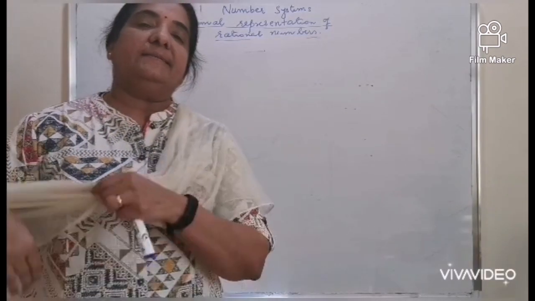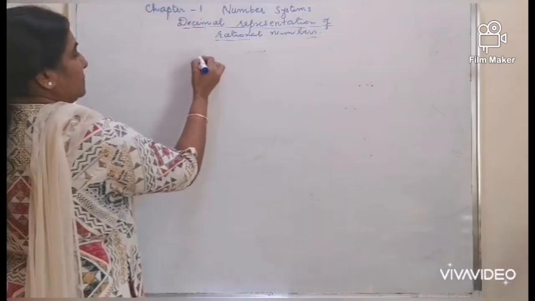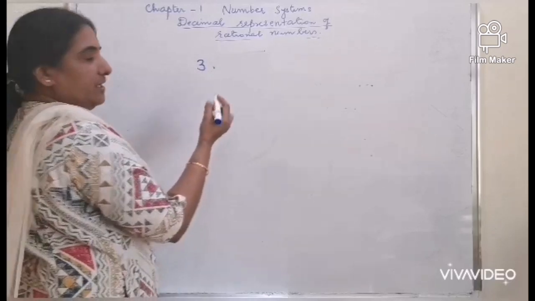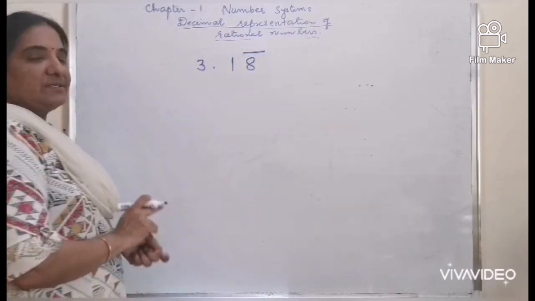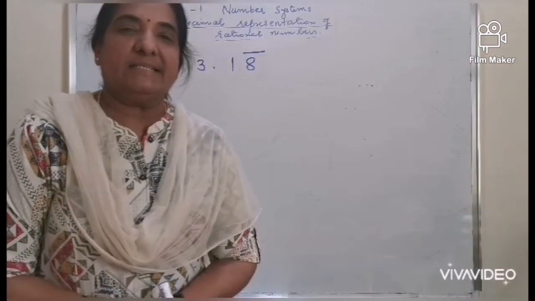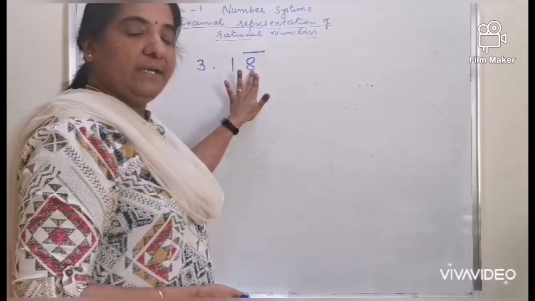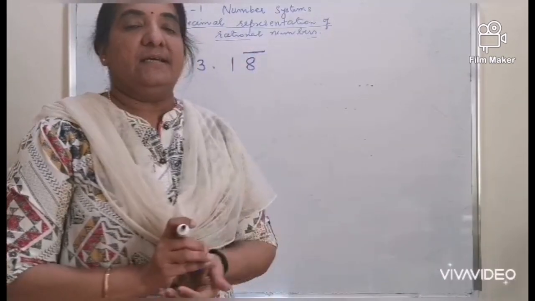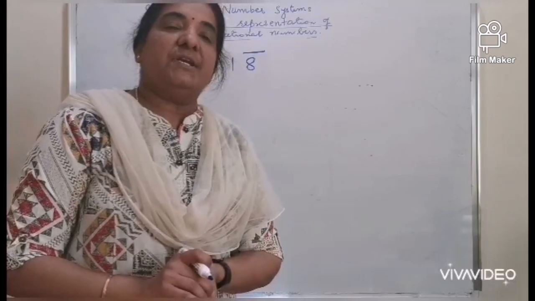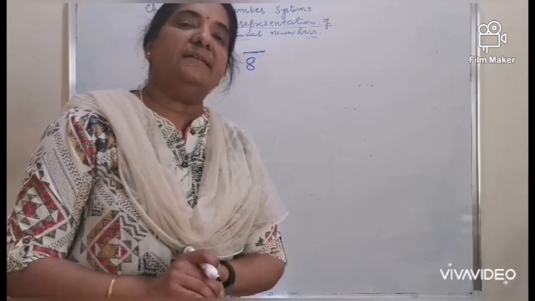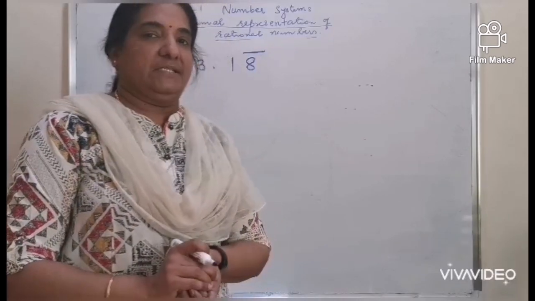The next pattern you can see is 3.18 with only 8 recurring. See the difference here? Only the digit 8 is recurring. Our main aim is to arrange in such a way that after the decimal only the recurring digits repeat.